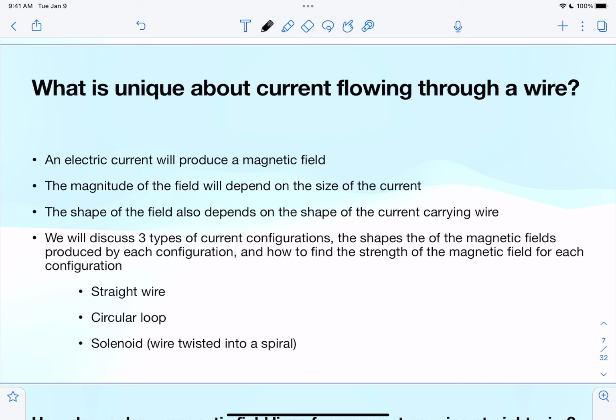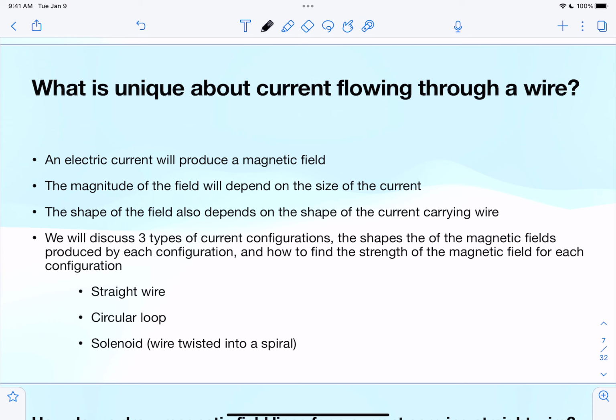And so the magnitude of that field that's produced will depend on the size of the current, and the shape of the field also depends on the shape of the current carrying wire, right? So the way we draw the magnetic field lines will depend on the shape of the current carrying wire, right?